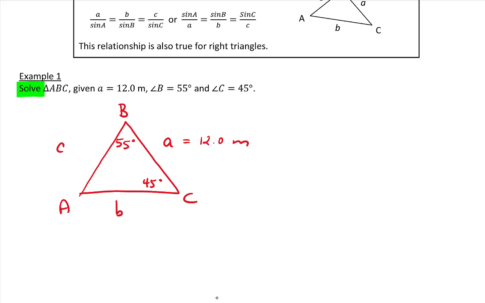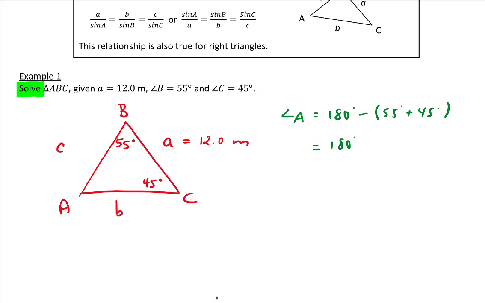The first thing we should do is focus on angle A. Recall using our 180 rule, angle A is 180 degrees minus the sum of the two other angles, 55 plus 45.